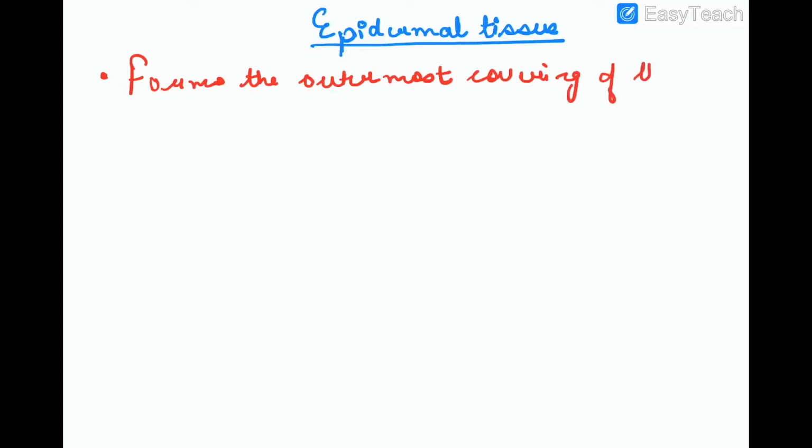The epidermal tissue forms the outermost covering of the plant. It comprises three types of tissues.